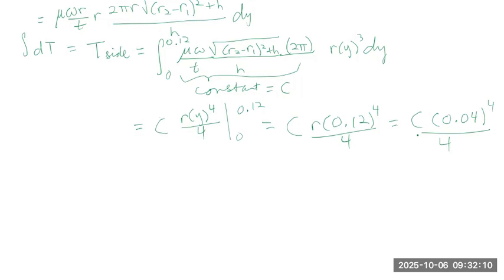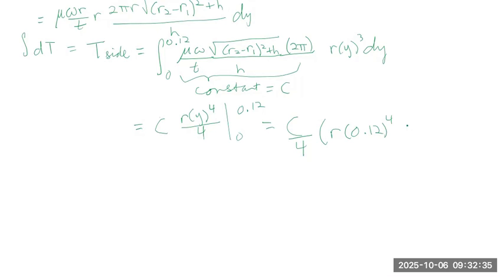Oops, and actually, don't make this common mistake. It's not as simple as that, because we have C over 4 and then times R at 0.12 to the power of 4 minus R at 0 to the power of 4.